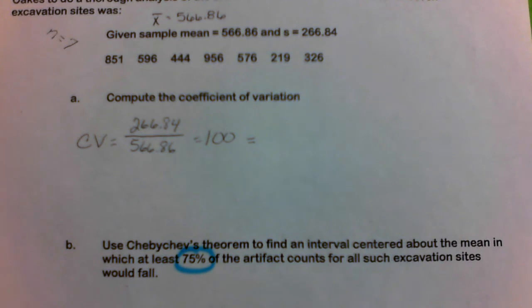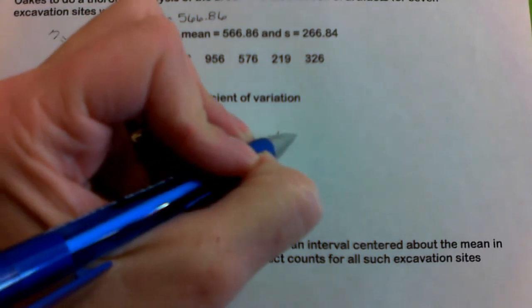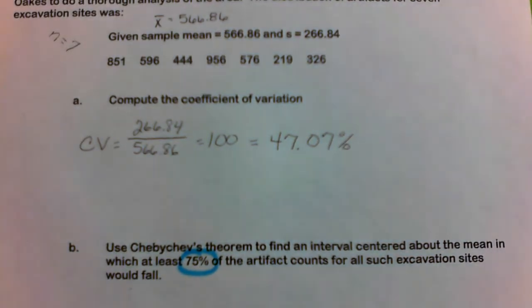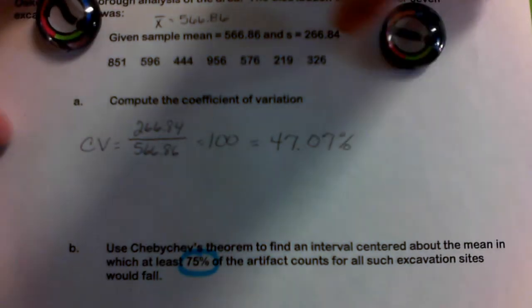So anytime you calculate the coefficient of variation, be sure that you put a percentage sign afterwards, and it gives me 47.07%. Also, let me mention at this time, sometimes that percentage can be over 100%. You might calculate 220% as a coefficient of variation. That's okay. It just means there is a high variability.